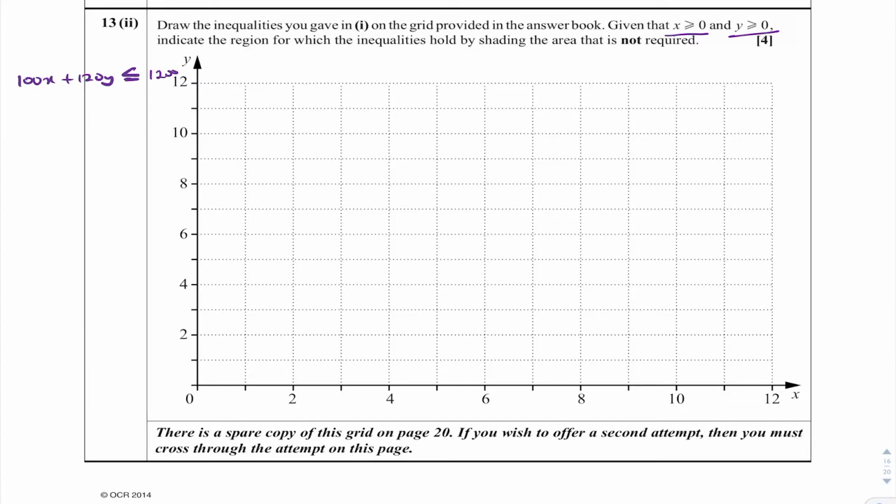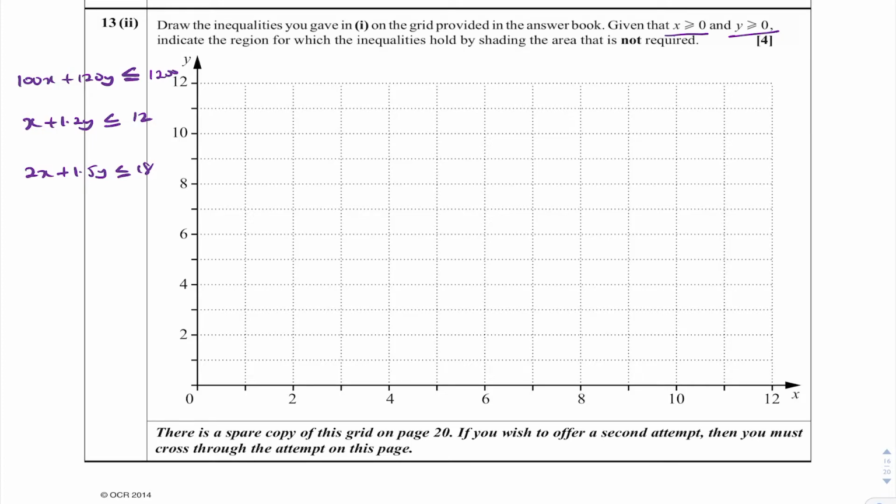If I divide both sides by 100, I'll get x plus 1.2y is less than or equal to 12. The other equation is 2x plus 1.5y is less than or equal to 18. So we're going to plot these two.